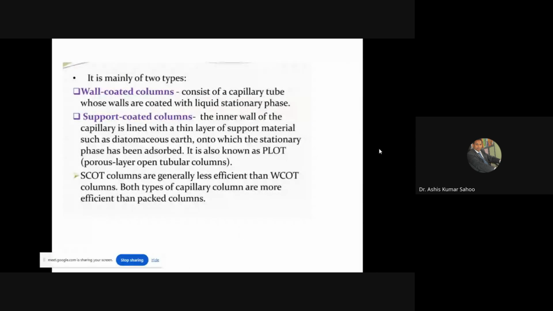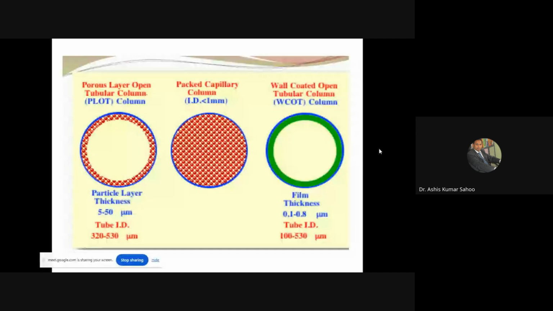Wall coated columns consist of capillary tube, support coated columns, porous layer tubular column, and packed capillary column. Wall coated open tube. So these are the different column sizes depending upon the pore size. We can see different columns are used in the different gas chromatographs.